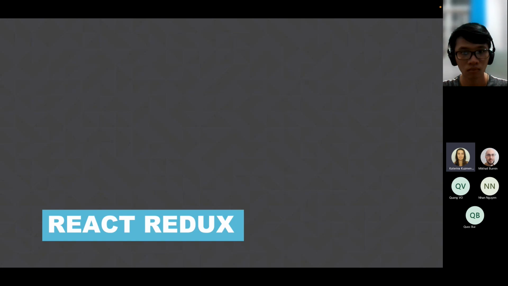I would like to mention that a store is a place where the entire state of our application lives. It manages the state of the application and has a dispatch function for actions. It's like a brain for our main Redux part.